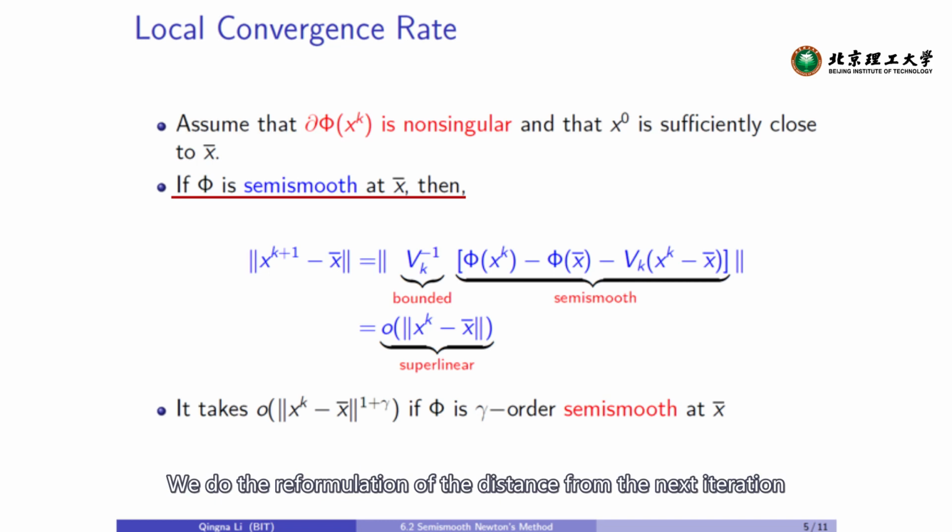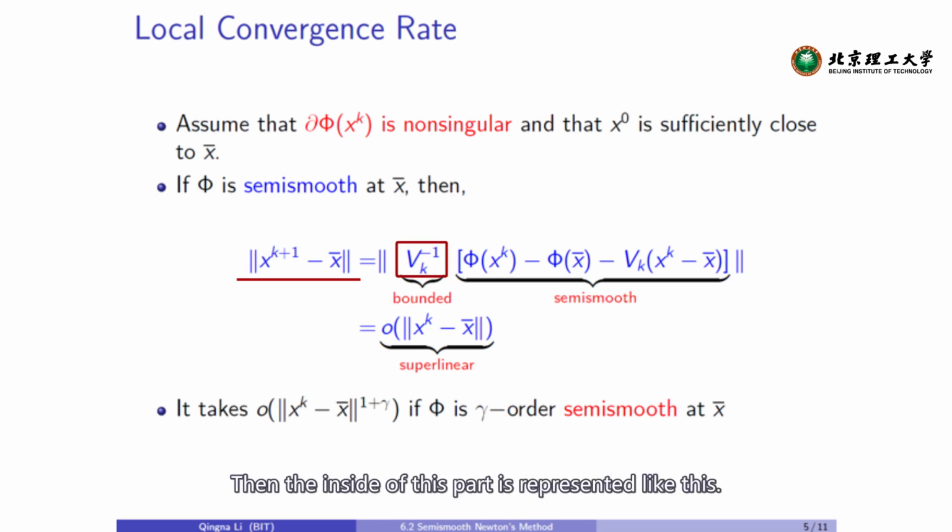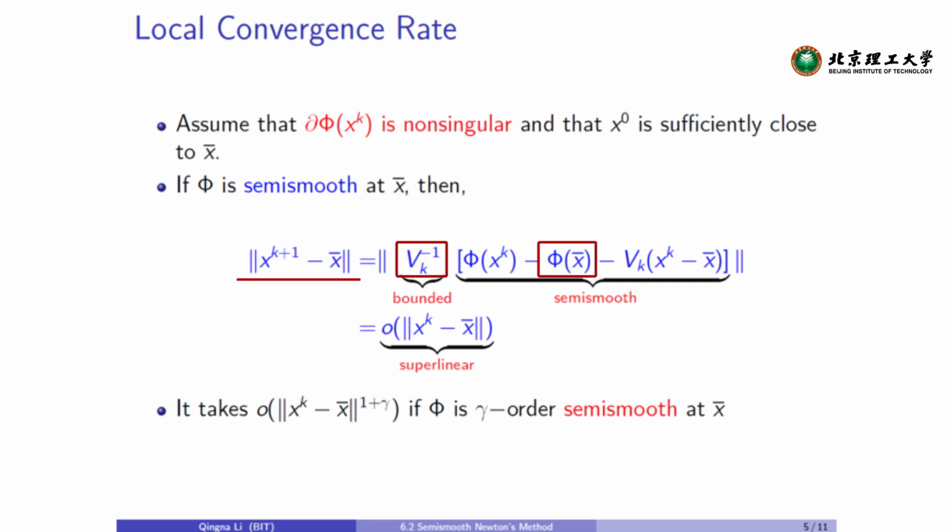We reformulate the distance from the next iterate to x bar, okay? So this term we reformulate in the following way, where we factor out a Vk inverse here, right? Then the inside of this part is represented like this. Here we add a zero term, phi x bar, noting that phi x bar is 0, right?